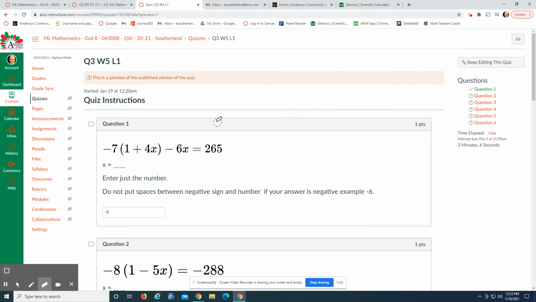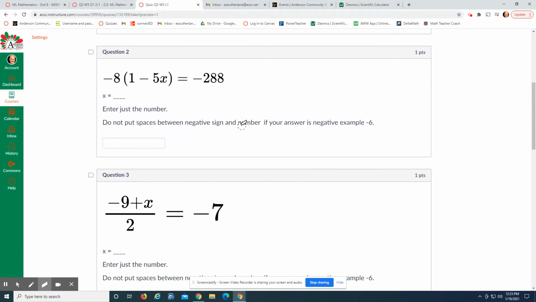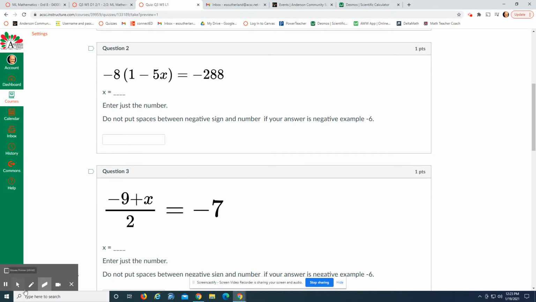Clear our sheet so we can start on the next problem. This problem, we're going to start with -8 outside the parentheses, (1 minus 5x), equals -288.